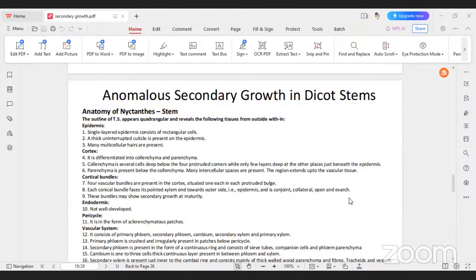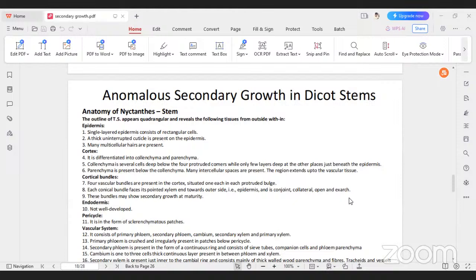Right. So first of all, what is anomalous secondary growth? Just a rough definition. What do you think yourself? I want your concept. Maybe it is a reverse process of the secondary growth. Not reverse process.